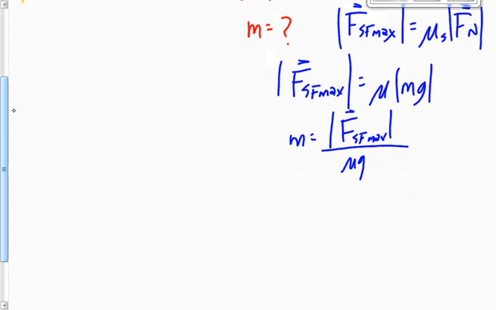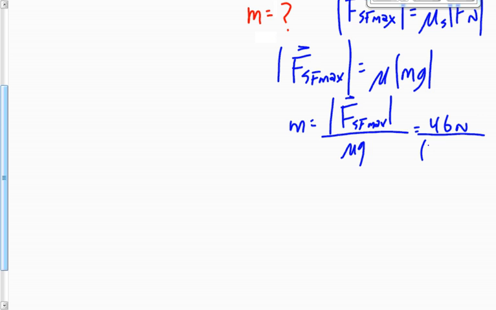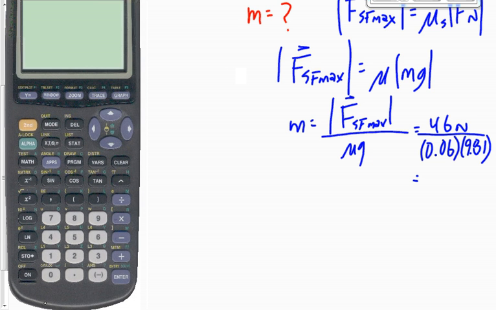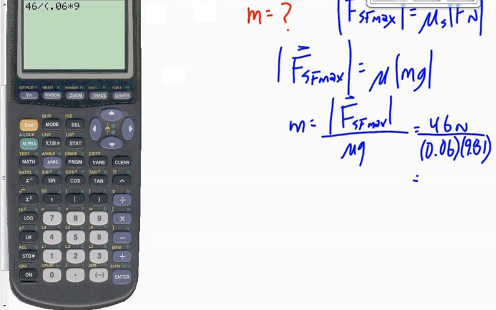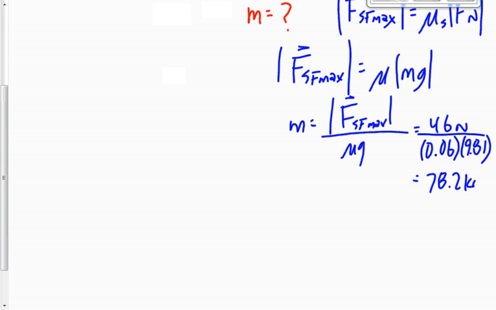Maximum force was 46 newtons, divided by the coefficient, which is 0.06, times 9.81. Let's do that on our calculator. We're going to say 46 divided by, let's use some brackets, 0.06 times 9.81. And that bracket, we get 78.2. So the mass here is 78.2 kilograms.